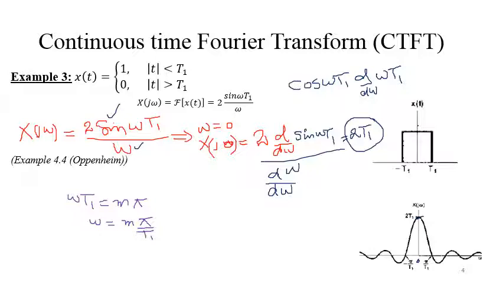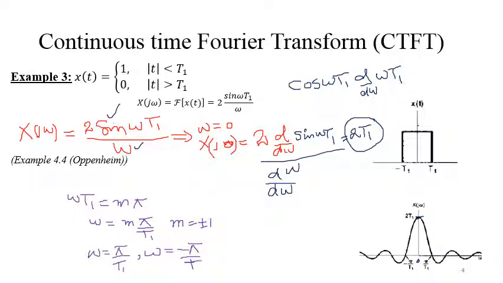So the first 0 crossing will occur when m equals plus or minus 1, because it's an integer. So that means we have 0 crossing at omega equals pi by t1, and if we take the negative values, when omega equals minus pi by t1, right?